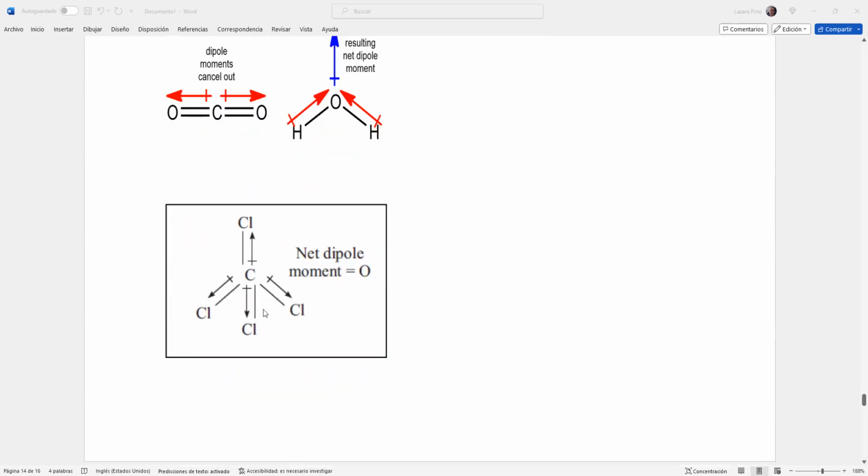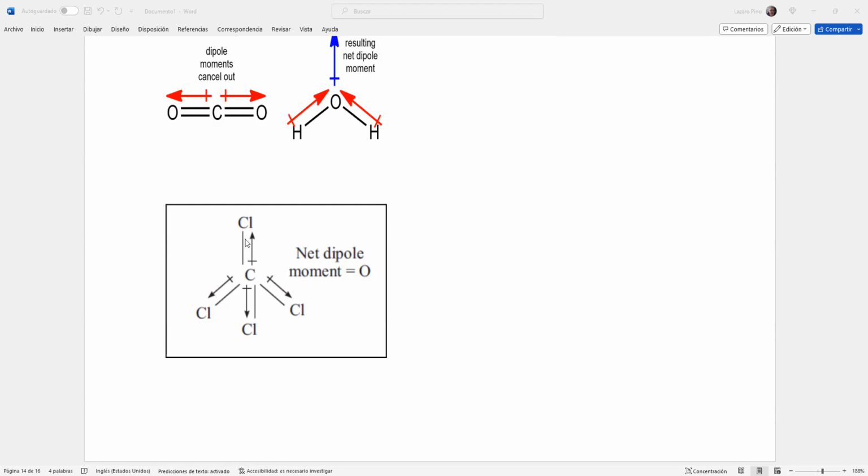Look at this. In this case, you have four bonds, carbon and chlorine. Chlorine is more electronegative than carbon. So you have to represent the dipole in direction of chlorine. And here another one, and here another one, and here another one.